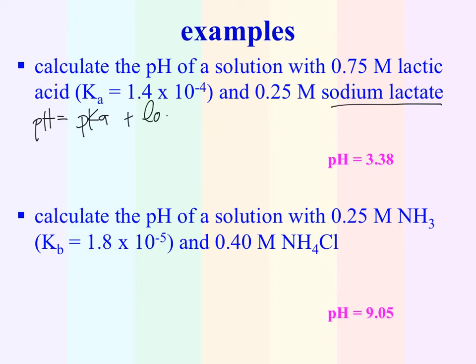Or we can use the Henderson-Hasselbalch equation, which is as follows, and plug in the appropriate values and get the same pH. So our pH is going to be equal to the pKa.